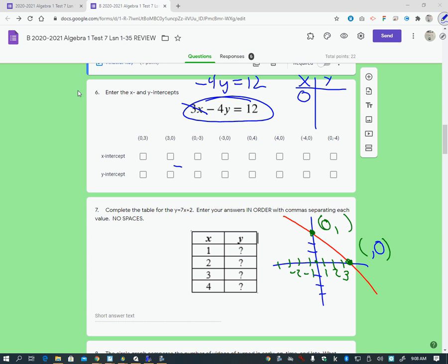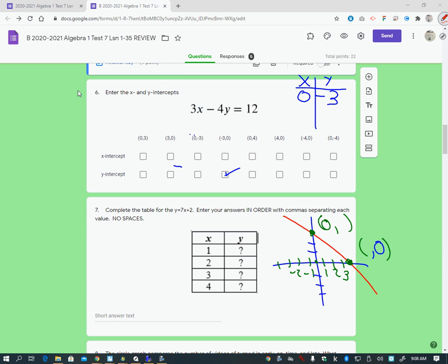What do I do to solve for y? Divide by what? Okay, what's 12 divided by -4? -3. So what is the y-intercept? No, what is 0? -3 is the y-intercept, right? Yes? Okay, now let's do the other one.